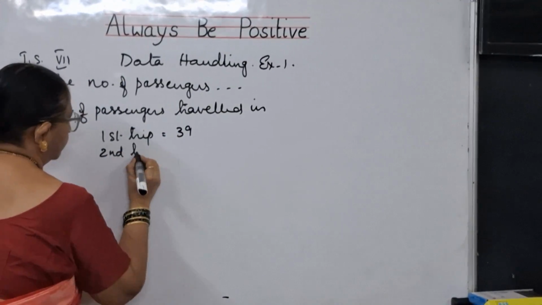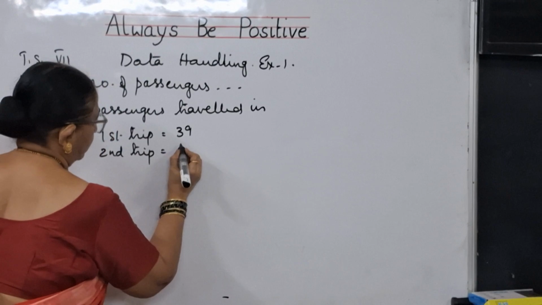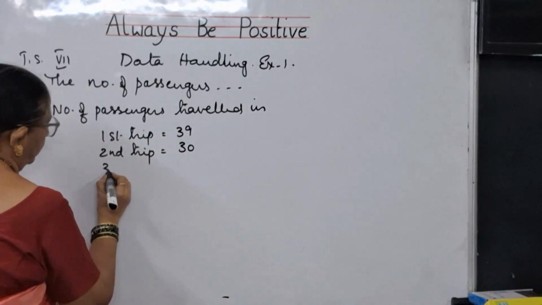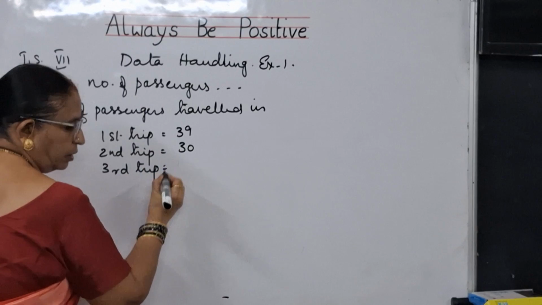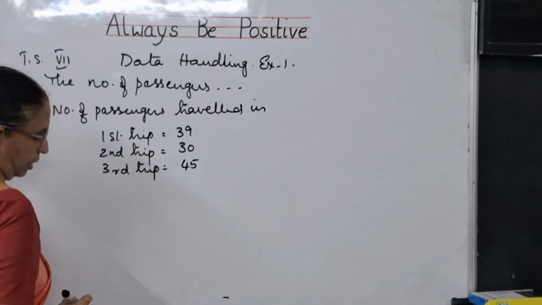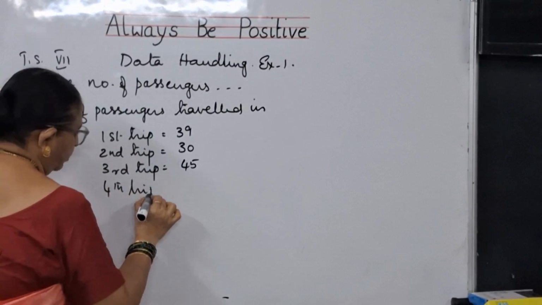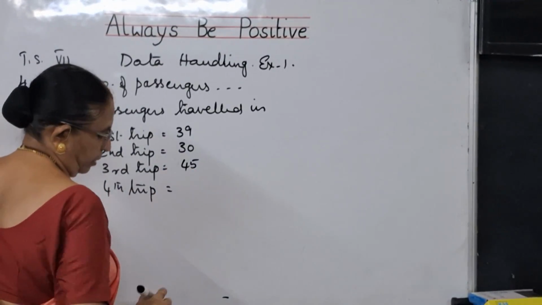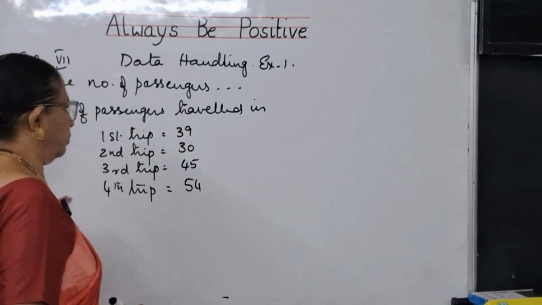In second trip, 30. And in third trip, 45. And in fourth trip, they are 54. So you need to find out average.